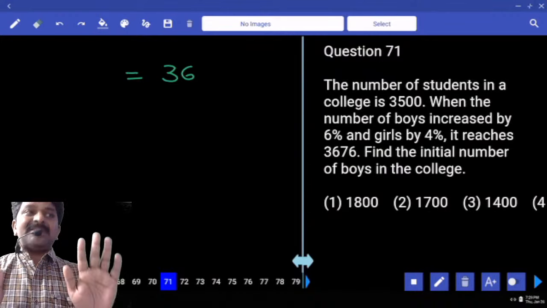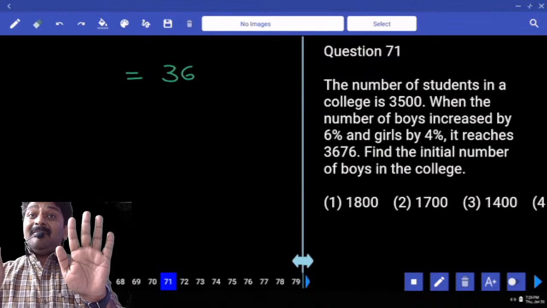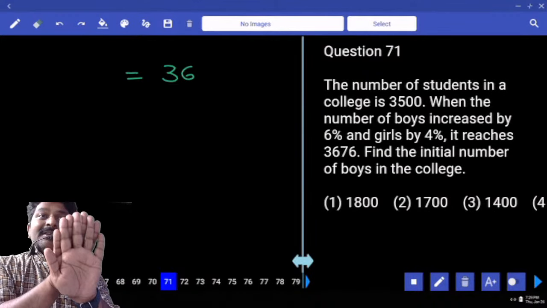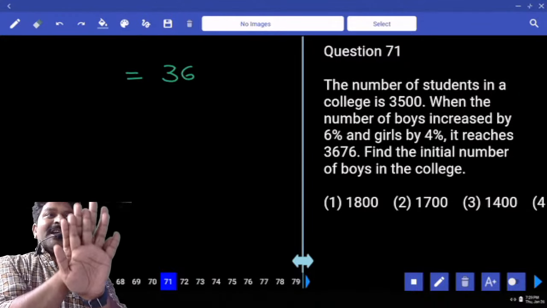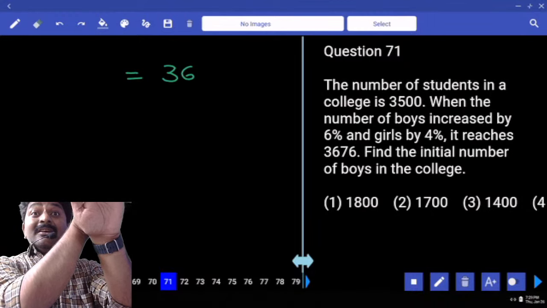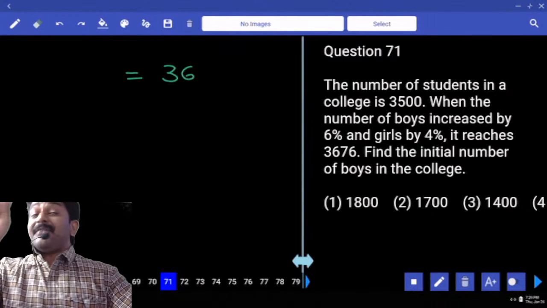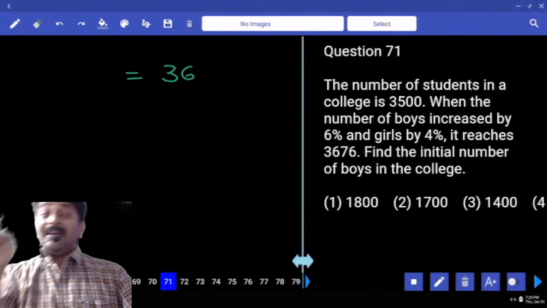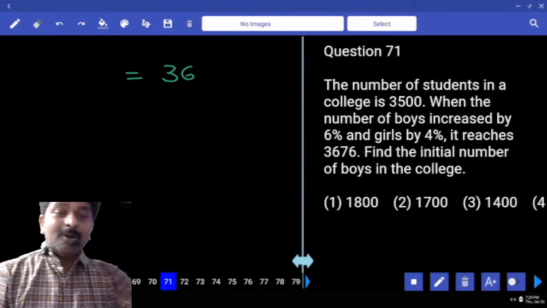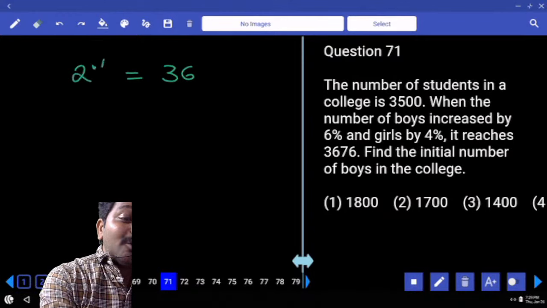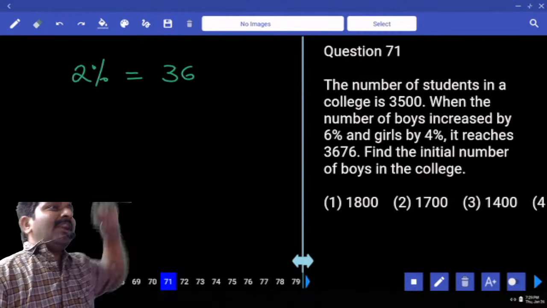But in our scenario, we converted boys to girls. That means in place of increasing 6%, we converted and now increasing only 4%. So instead of increasing value by 6%, now if you increase it by 4%, what is the change? 2%. Because of that 2% only, there is a difference of 36.